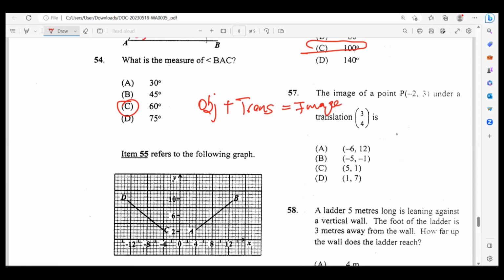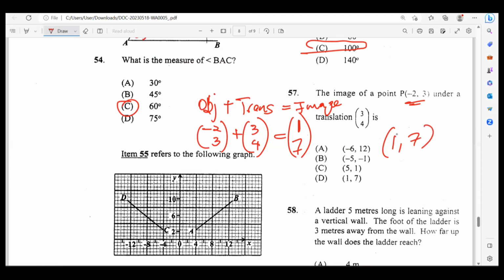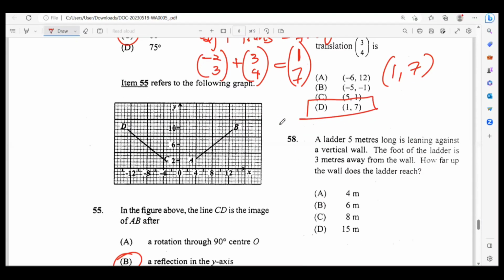I'm gonna put the coordinate in column vector form, -2, 3, plus 3, 4, and then I'm gonna do matrices. -2 plus 3 will give me a +1, and 3 plus 4 is 7. As a coordinate, I must write it as this, and here is the answer. So remember the general formula. Your object plus a translation produces the image. So you can operate like that using your coordinates and you're good.